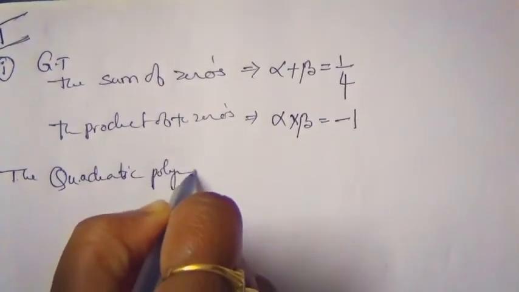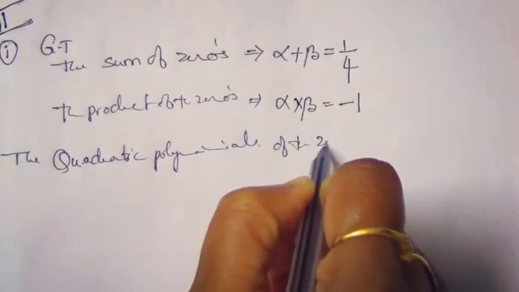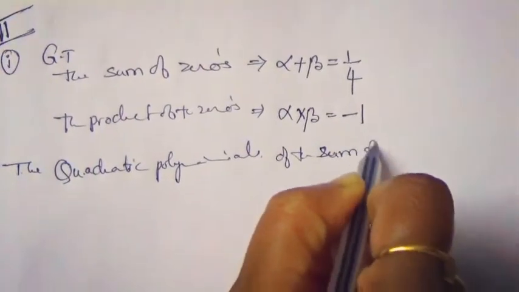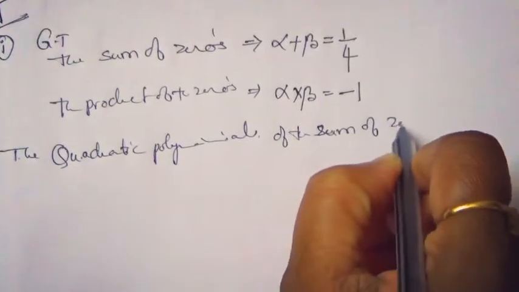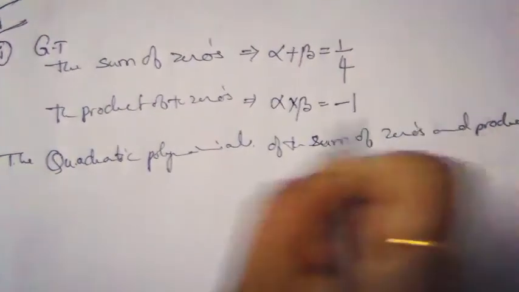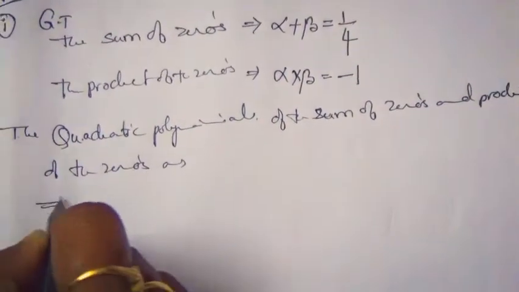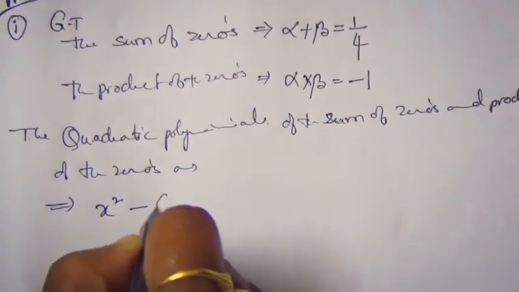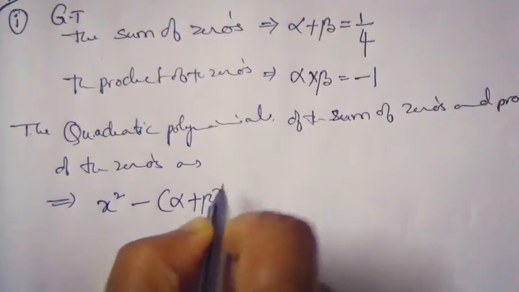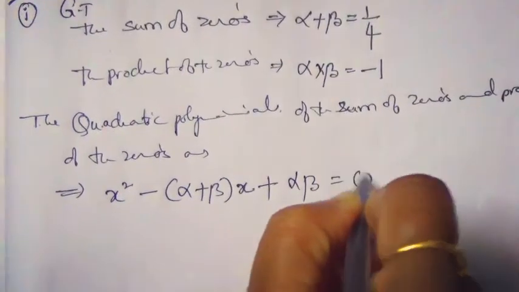The quadratic polynomial in terms of the sum of the zeros and product of the zeros implies x square minus alpha plus beta into x plus alpha beta is equal to 0.